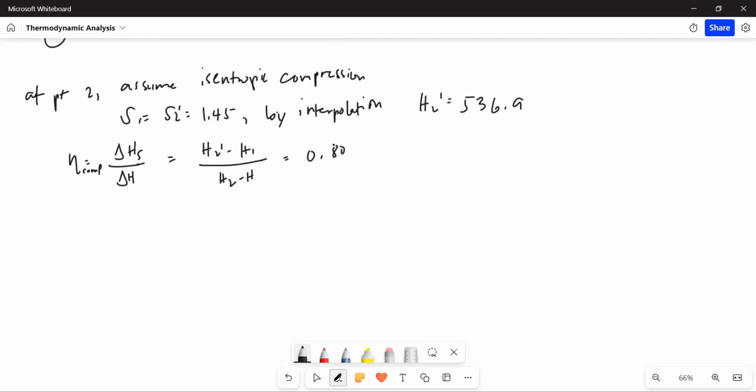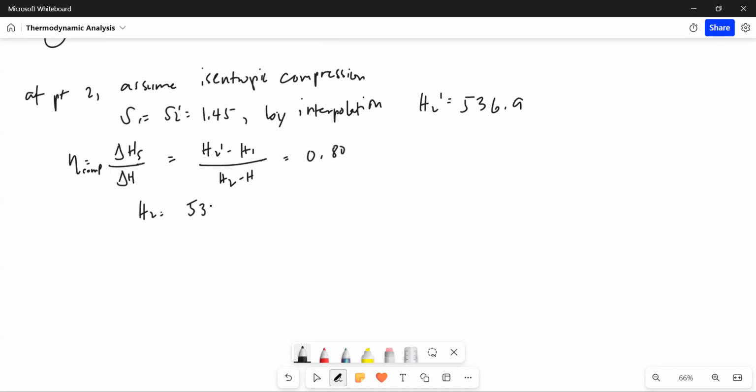Next, we solve for H2. Rearrange the equation. So for H2, substitute the values.